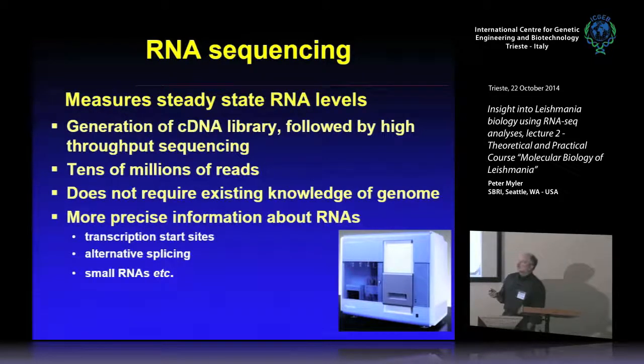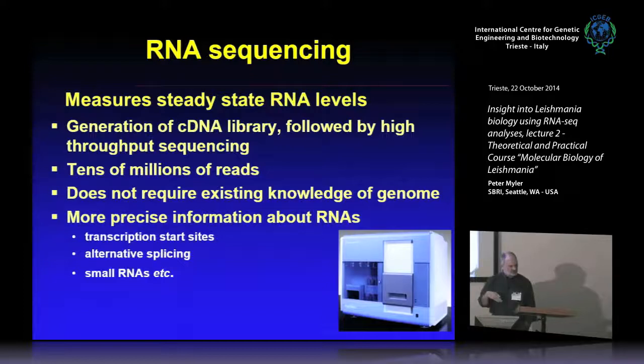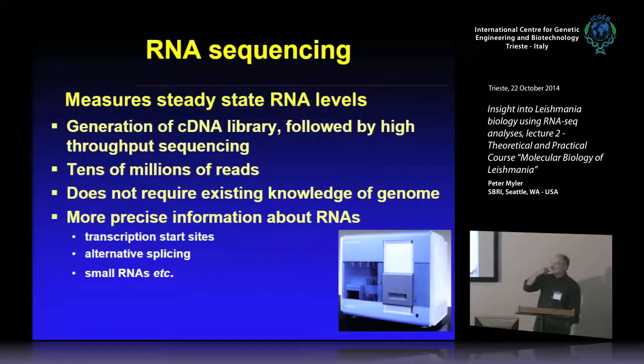One of the big advantages of that is you don't actually need to know what the genes are, because you'll find out what they are by sequencing them. Now, to use this properly, you do need to have a reference genome. So you do need to know something about it, but you don't strictly need to know the position of each RNA. In fact, the experiment will tell you where the RNAs are.